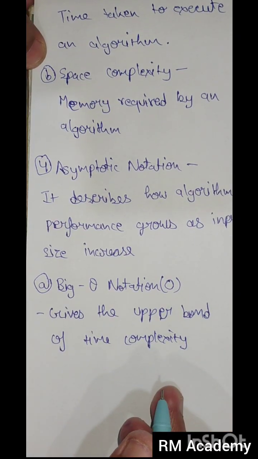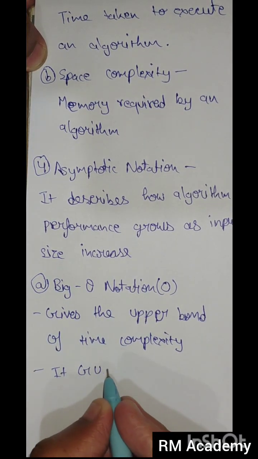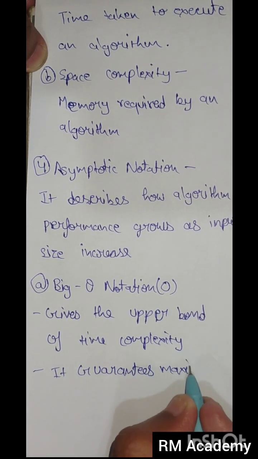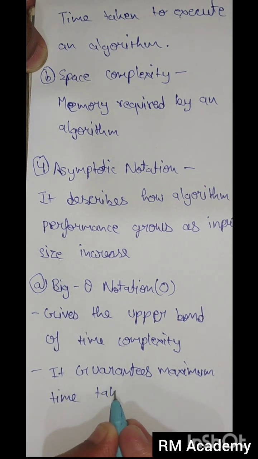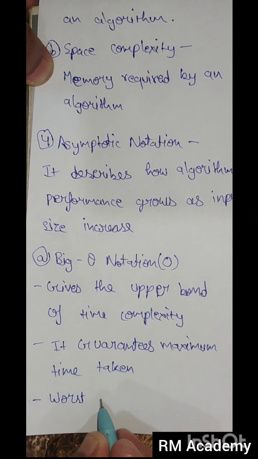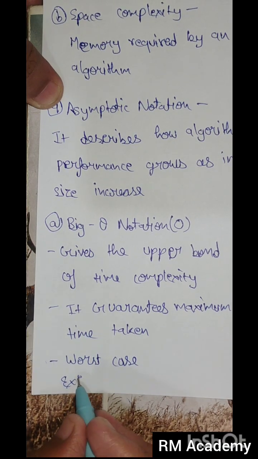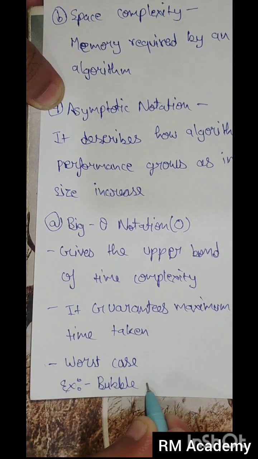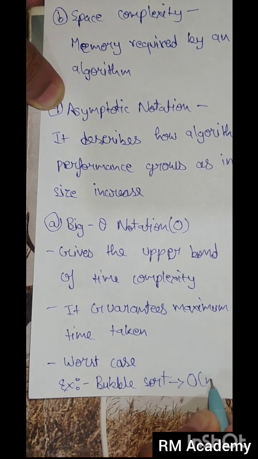It guarantees maximum time taken. It comes under worst case. For example, bubble sort. Bubble sort takes O n square of time.